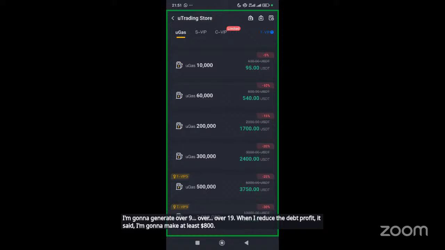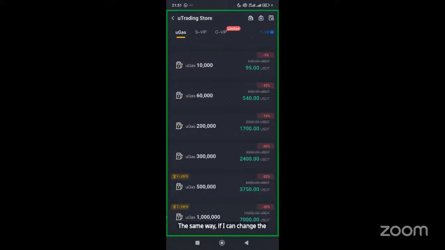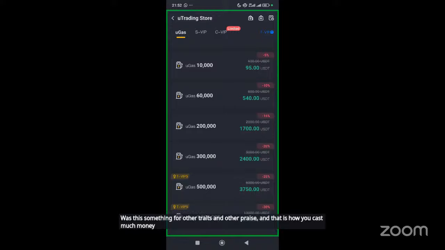The same way, if I change the way I take my profit, you can see the profit margin will increase. What does that mean? It is not all, because the UGAS will still serve for other trades, and that is how you can make as much money as possible with UGAS.